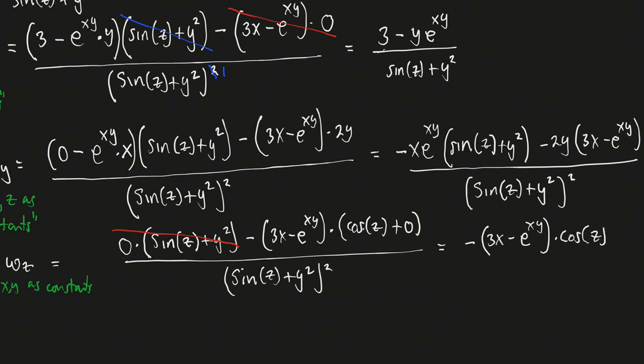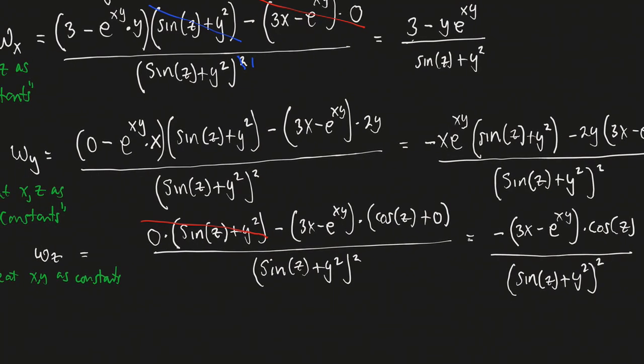I can drop the parentheses because that term is 0, and then this is all over the quantity sine of z plus y squared. And there we go.